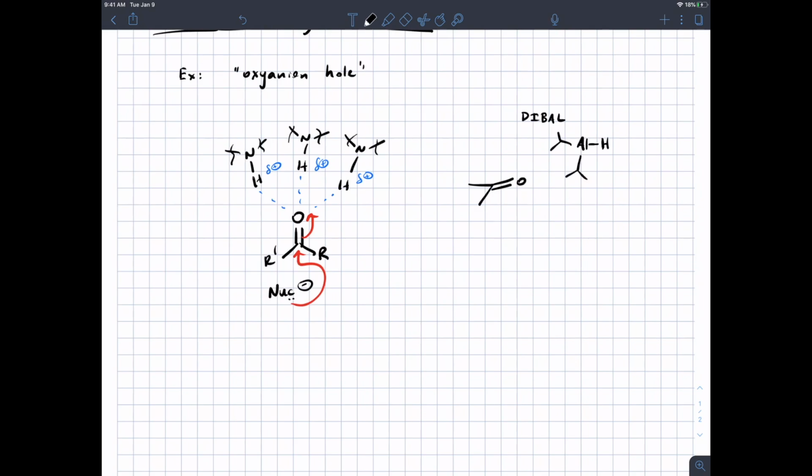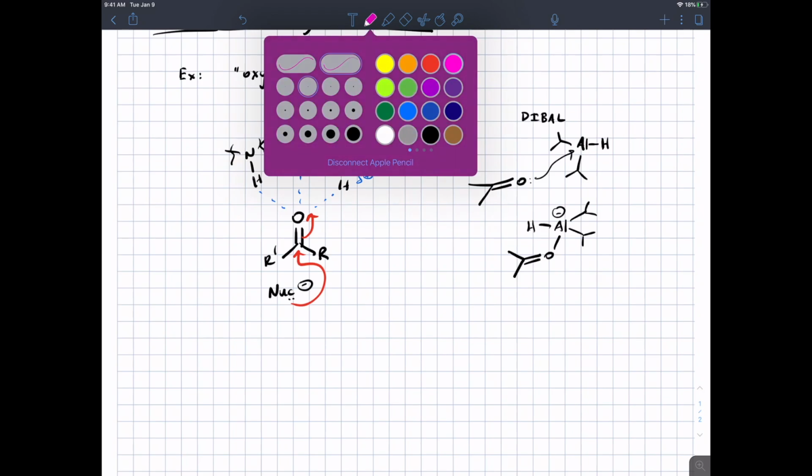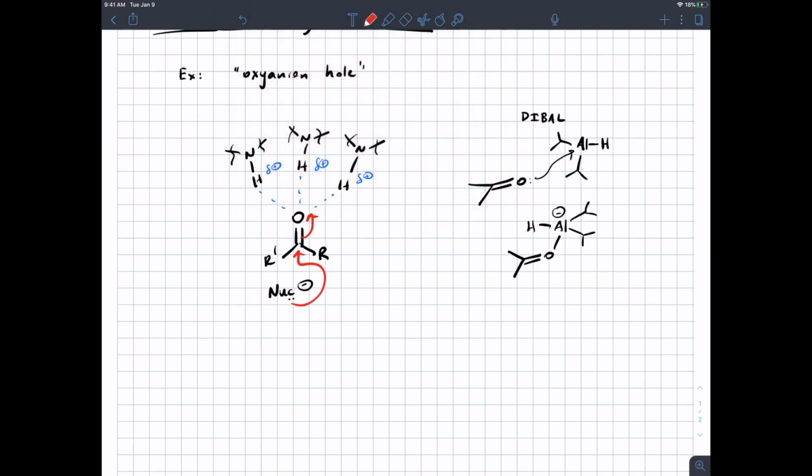What happens first is Lewis acid, Lewis base. So I don't know that this is a classic example of catalysis because I think the reagent is consumed, but the idea is that you can activate a carbonyl towards reaction by having the carbonyl oxygen interact with a Lewis acid, and then the hydride gets delivered and the ketone's reduced.